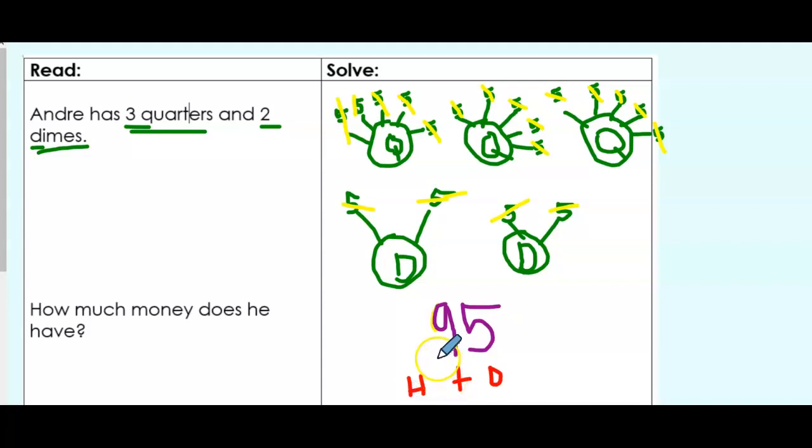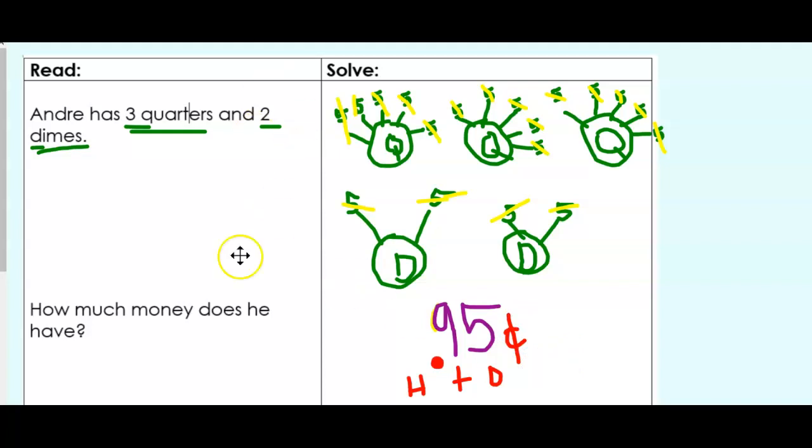And remember, the decimal goes between the hundreds place number, or the dollars, and the coins, or the tens and ones. So 95 cents. There are no dollars, so that means we need to use a cent sign, which is the letter C with one line through it.